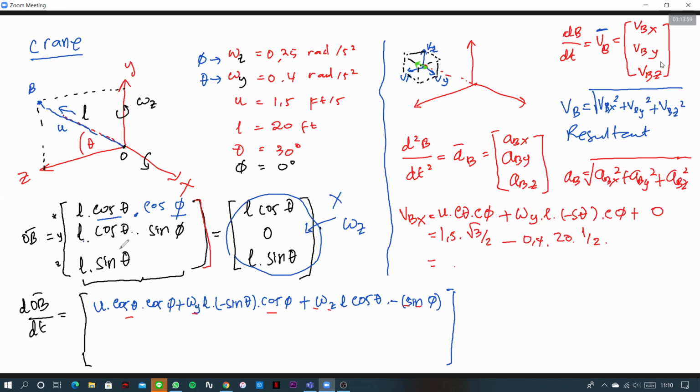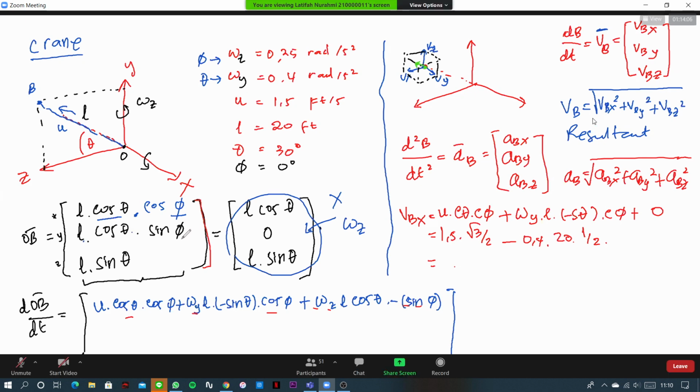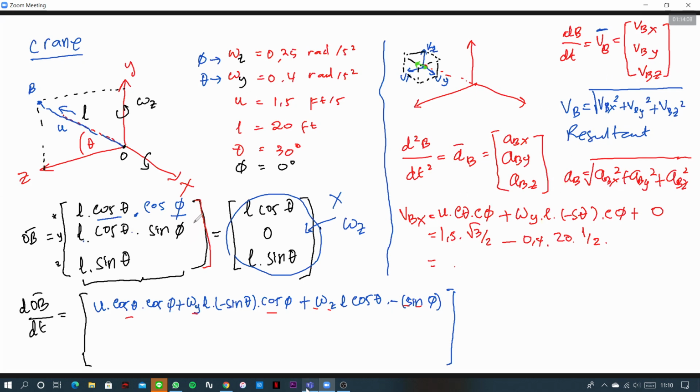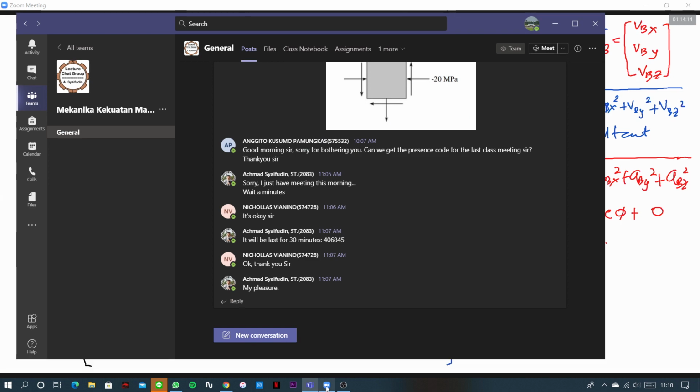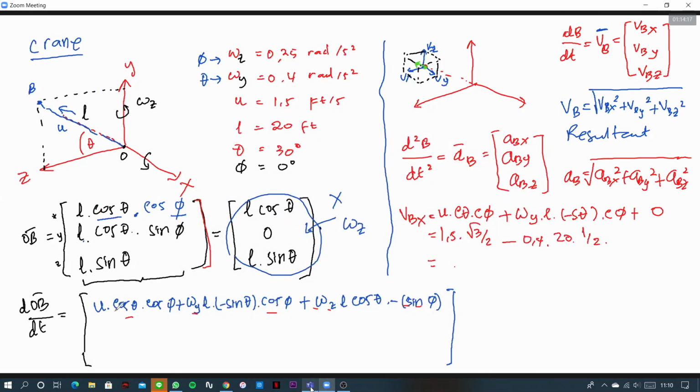It depends on which component among L, theta, and phi changes with respect to time. For example, if L doesn't change with respect to time, this will go immediately to 0.